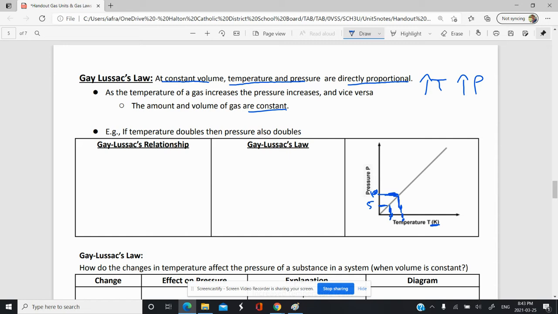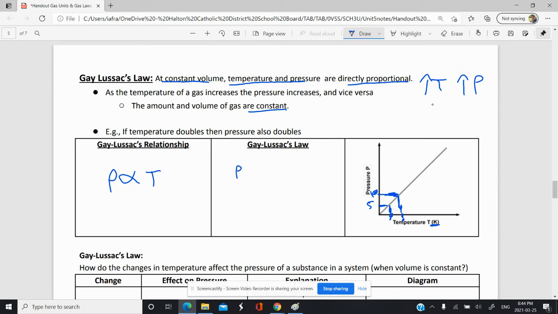So what does the relationship look like, and what does the formula look like for Gay-Lussac's law? So we're basically looking at a relationship where the pressure is proportional to the temperature. And to represent that mathematically, Gay-Lussac's law, we're going to use variables as we've seen in the other laws.